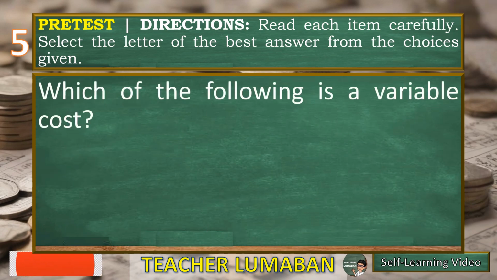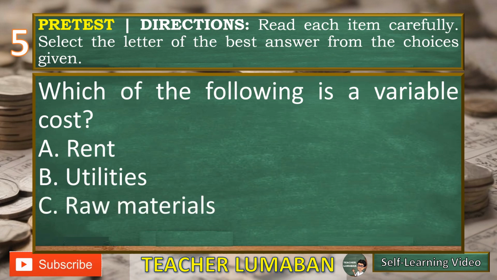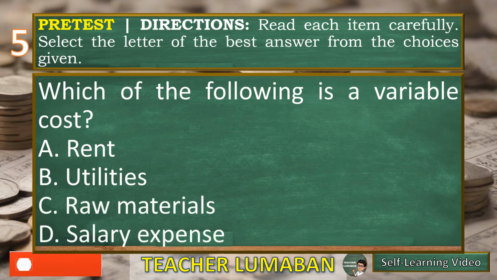Which of the following is a variable cost? A. Rent. B. Utilities. C. Raw materials. D. Salary expense.